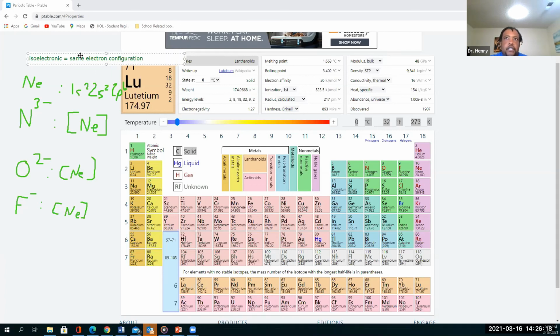Basically it means that they all have the same number of electrons. Neon has a total of 10 electrons, and each of these guys has a total of 10 electrons, too. All together. Does that make sense?